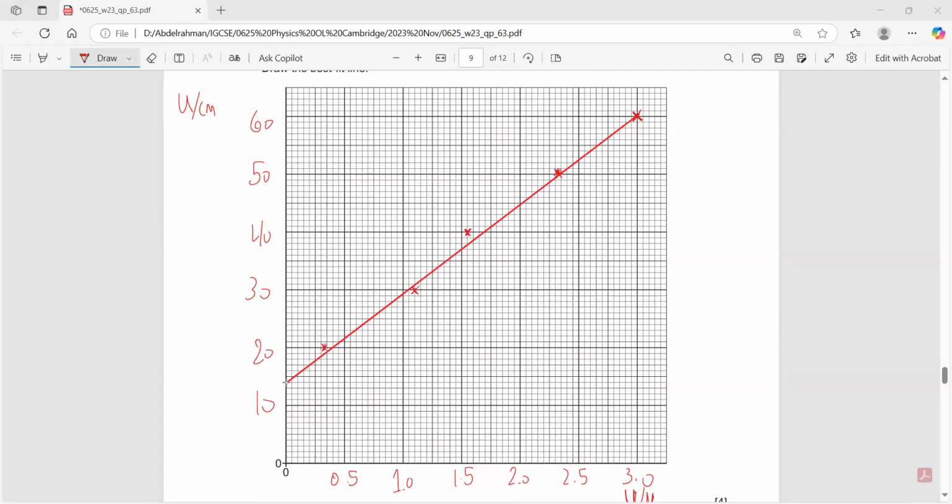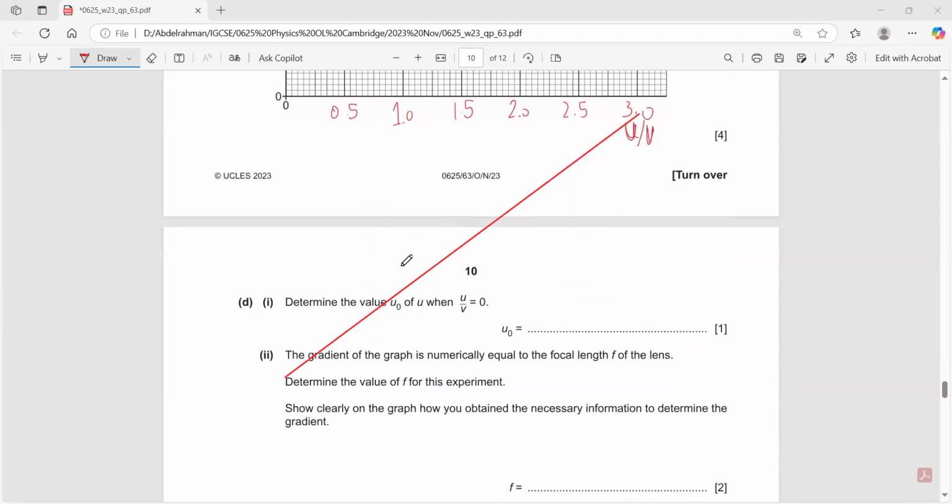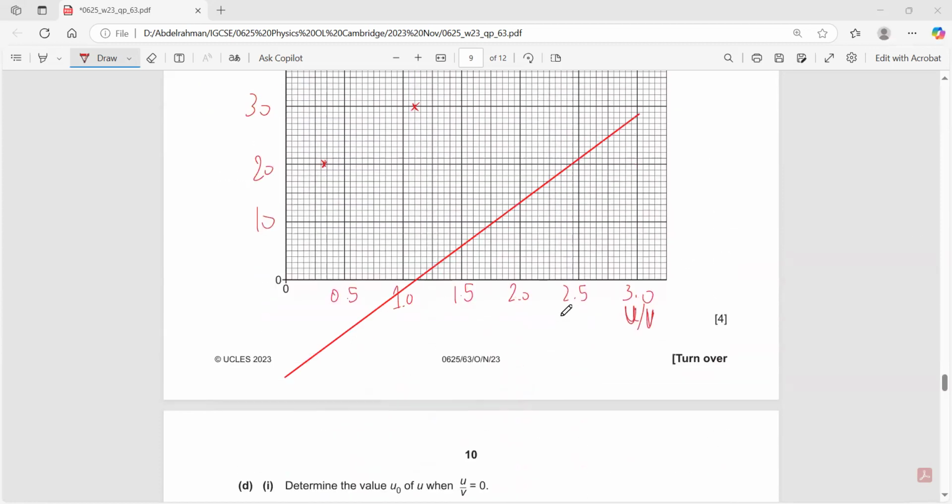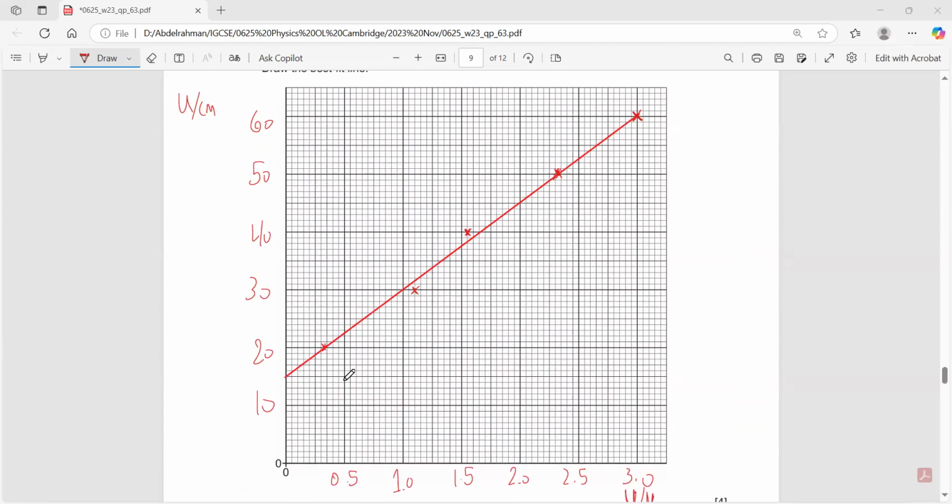You have 1 point above and 1 point below. This might be a really good representation of the line. The value is 15 at this point.